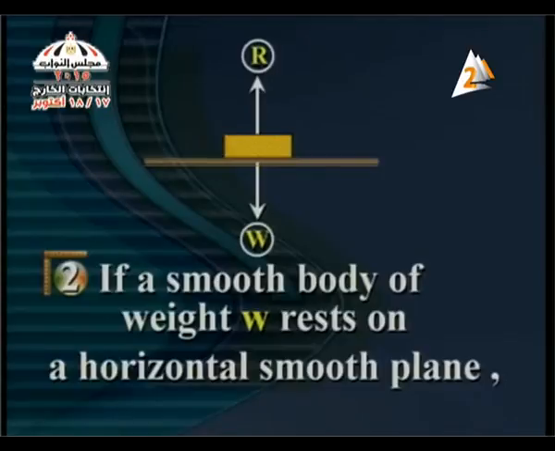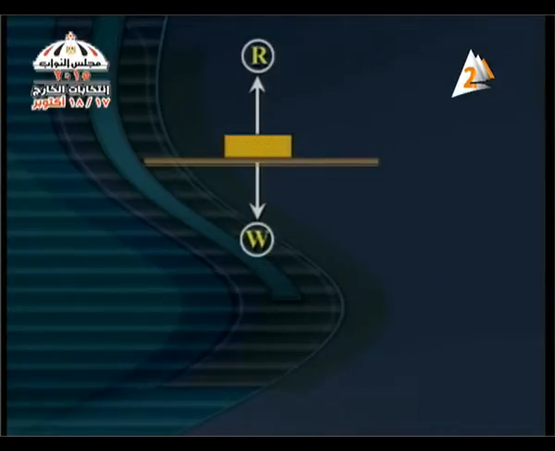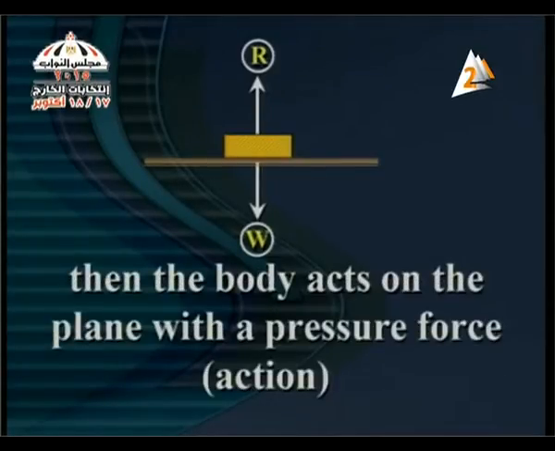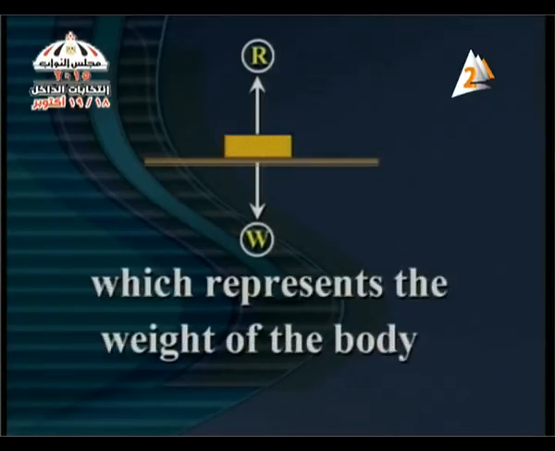Number 2, if a smooth body of weight W rests on a horizontal smooth plane, then the body acts on the plane with a pressure force or action, which represents the weight of the body.